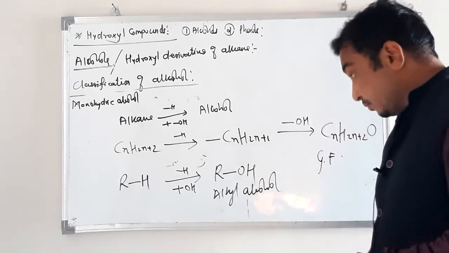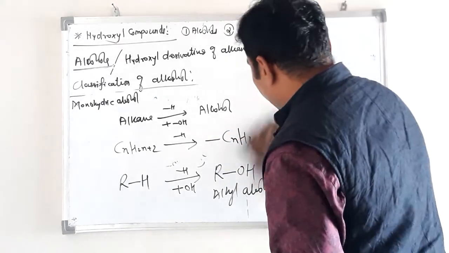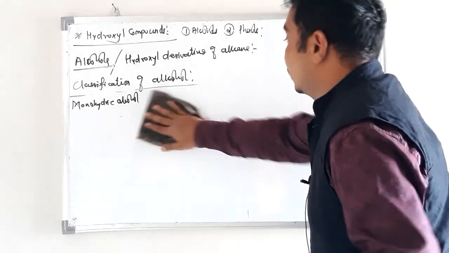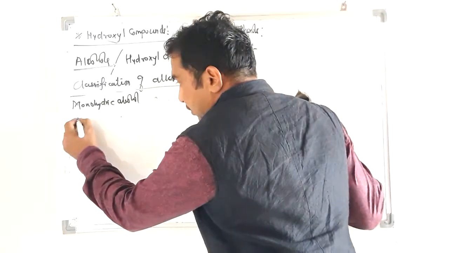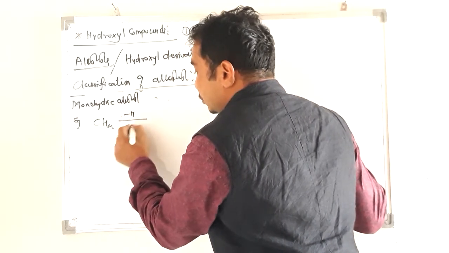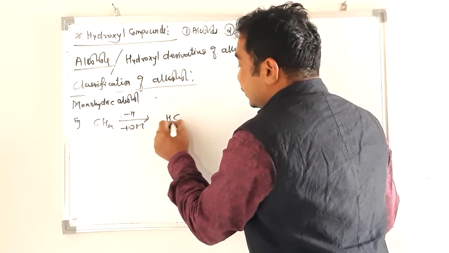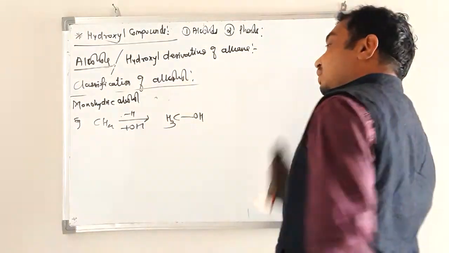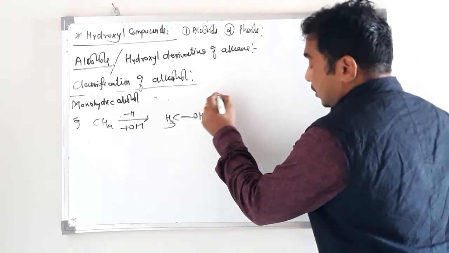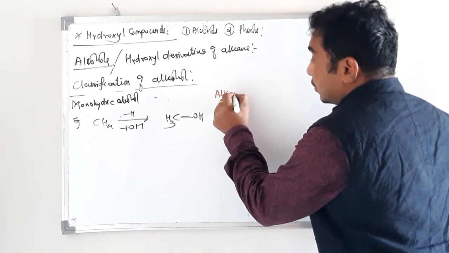Okay, now let me give some common names. Example, CH4, remove one hydrogen by OH group, then we get CH3OH. What is the common name for this? How is the common name obtained? The common name of alcohol is alkyl alcohol.